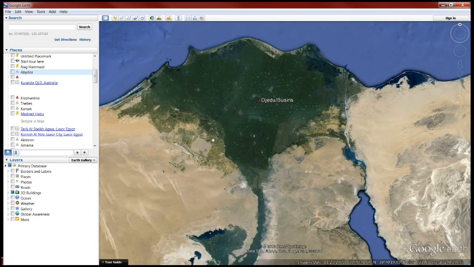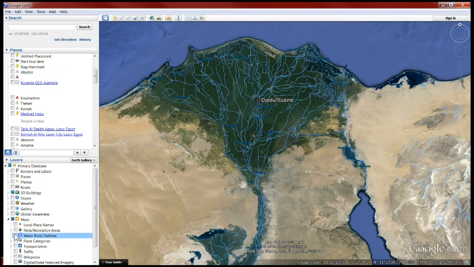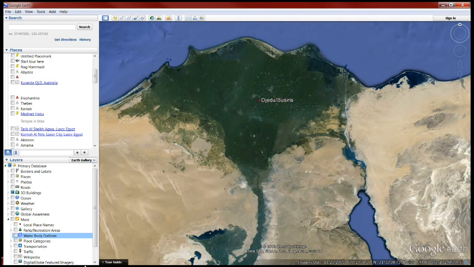This is exactly the way land does. Land is showing us a human head right here, but it's showing us different areas. Some of it is bone, some of it is the waterways like we saw before. If I show you the water body outlines, we saw that these mapped to different arteries that you see in the head and so forth.